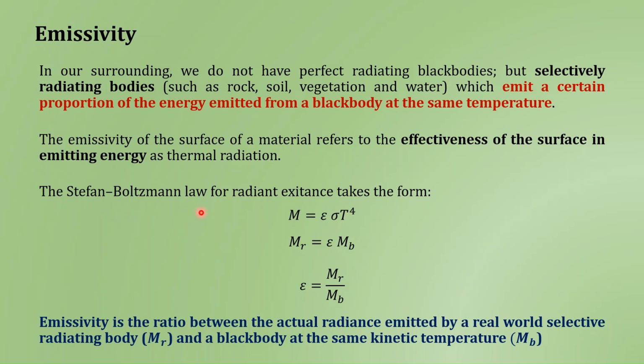So the Stefan-Boltzmann law for the selectively radiating bodies is modified into this formula where the emissivity is also taken into account.